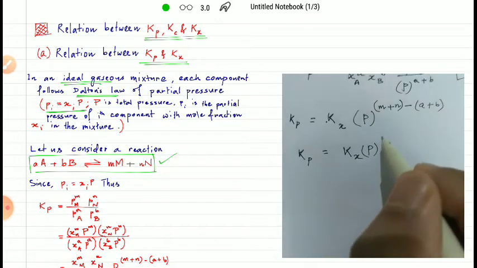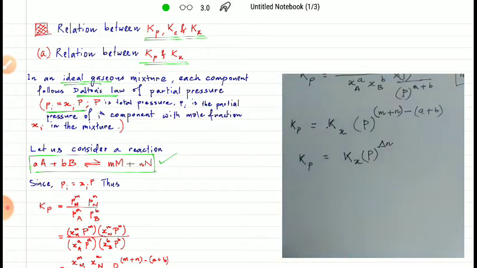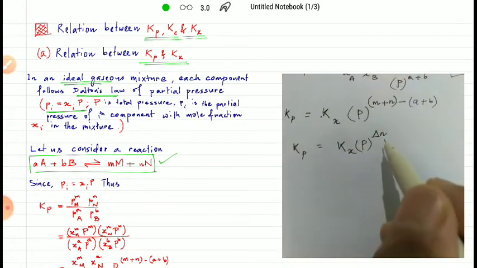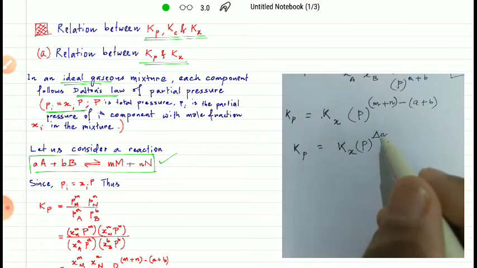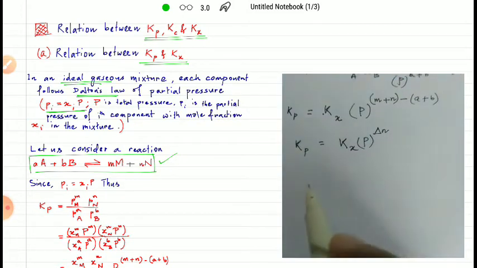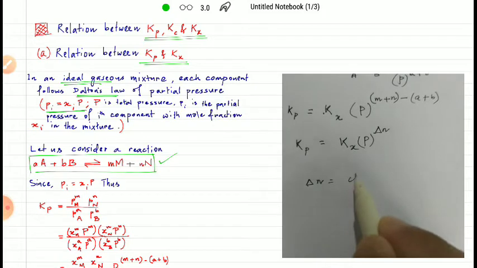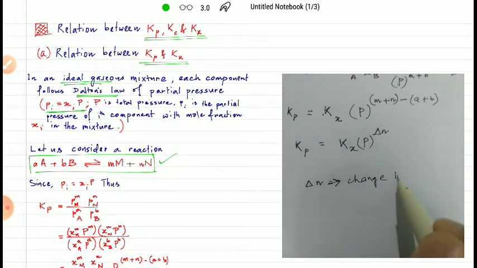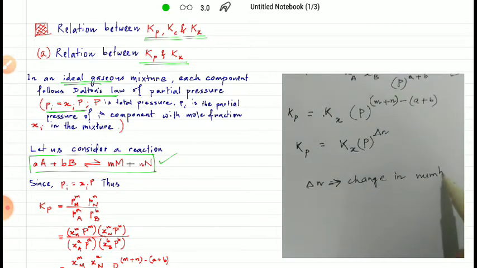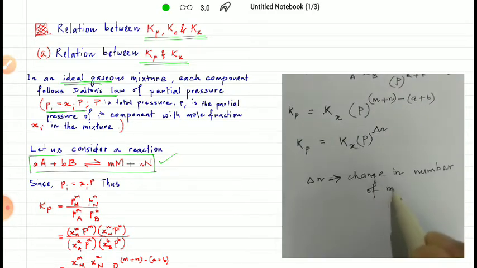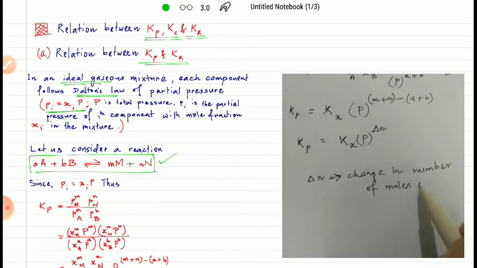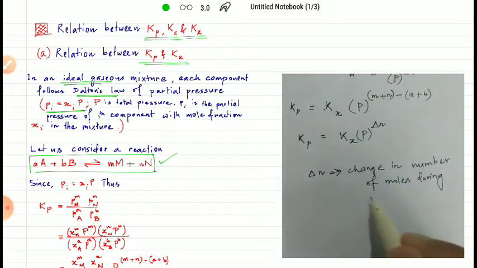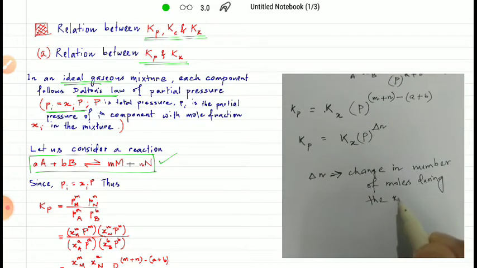That means this is the change in the number of moles during the reaction. So delta n represents the change in the number of moles during the reaction.